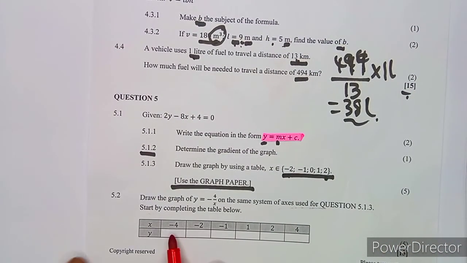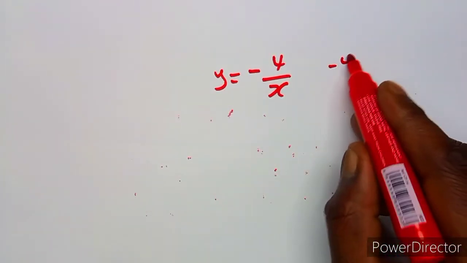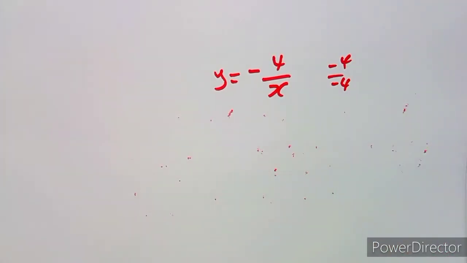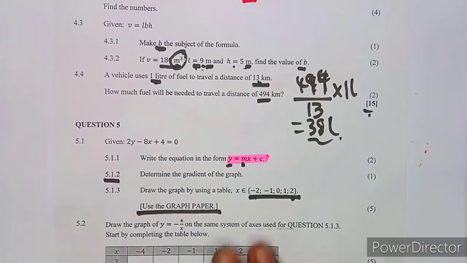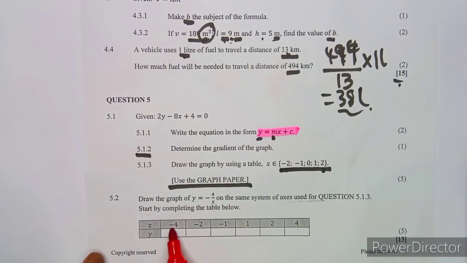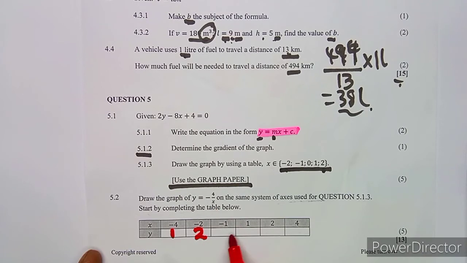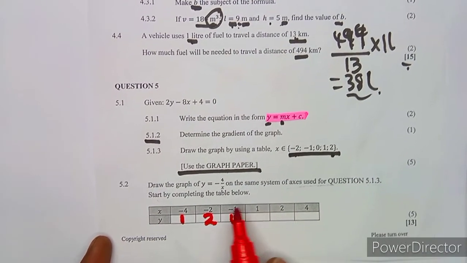So at first, x is minus 4, guys. You're just going to substitute, just like what we did. Minus 4 over minus 4 from a calculator, that's going to be positive 1. Minus 4 over minus 2, which is positive 2. You do the same. Minus 4 divided by minus 1, which is positive 4.